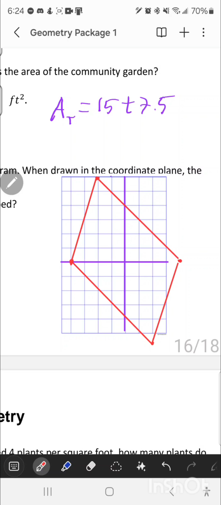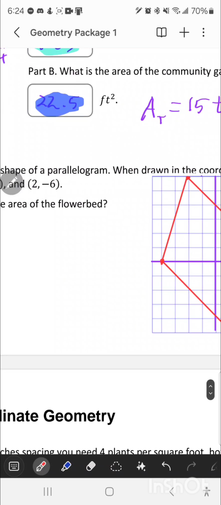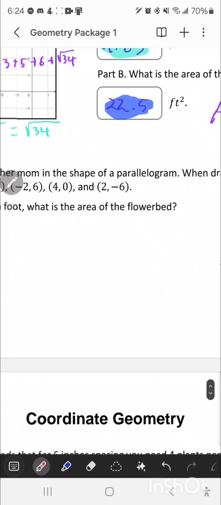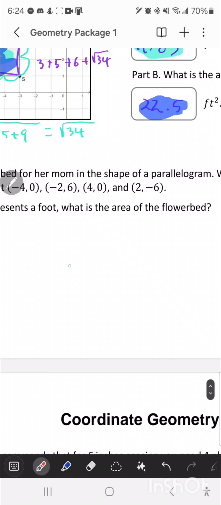Okay, now to use the area, I don't know why I forgot the word area. So for the parallelogram, I'm going to draw one right here.